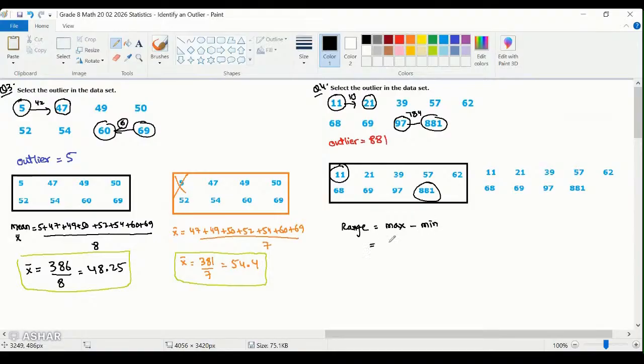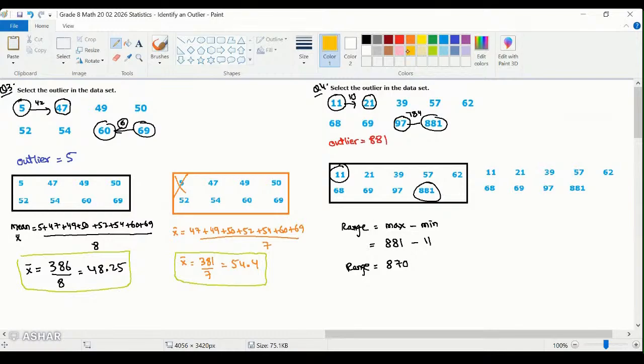The maximum was 881 minus 11, that would be 870. That means the values lie within a range of 870. We already have the outlier, we're just looking at the impact of the outlier.